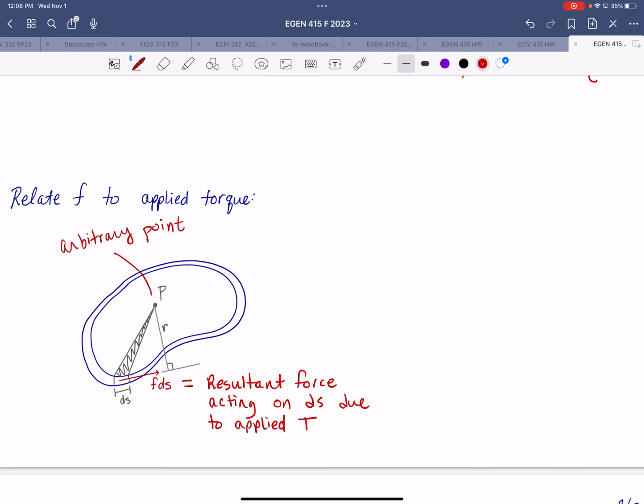We also know that torque is equal to a moment. So the torque on that portion ds will be equal to the resultant force on that portion times the moment arm to this arbitrary point. So dT is equal to r times f ds.